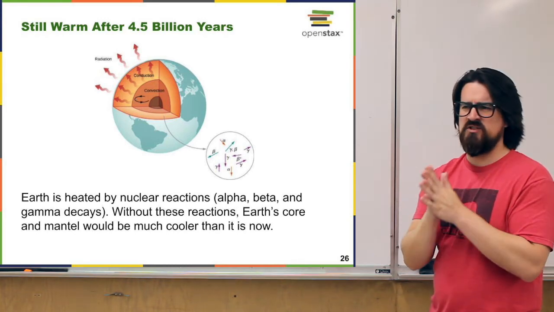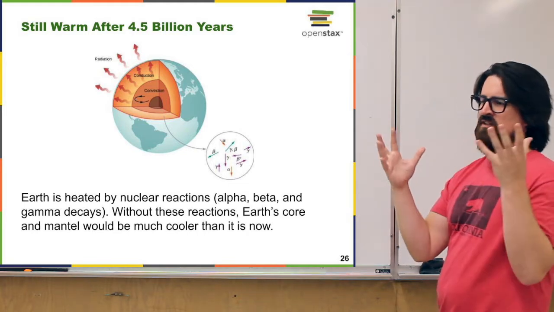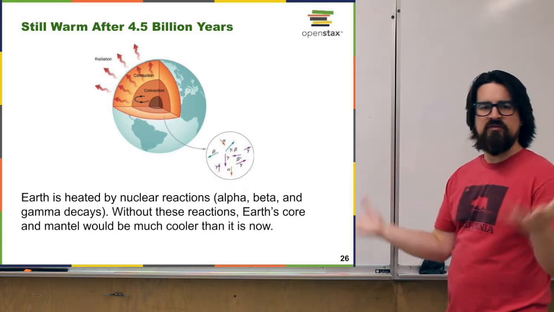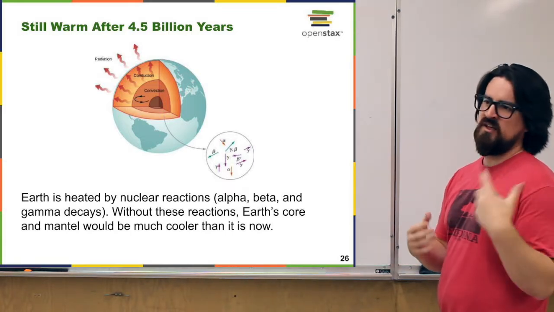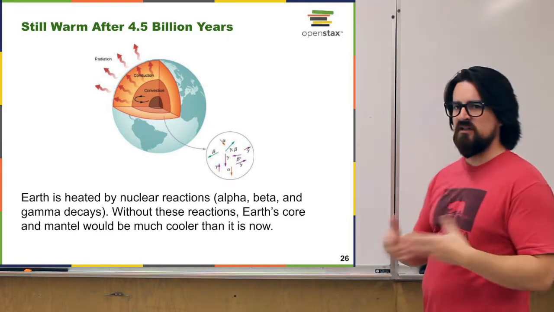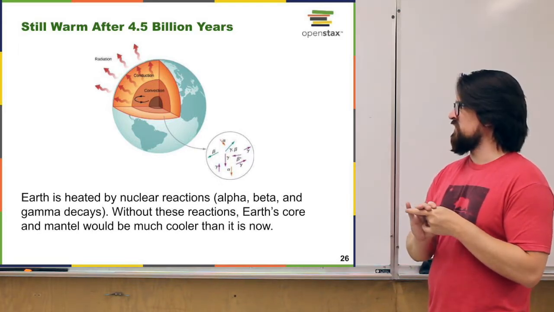I don't know if molten is even the right term for rock, but it was a very hot material when it first formed, and it's slowly cooling down. It turns out that there's radioactive material throughout the interior of the Earth, and that radioactive material is decaying, and those decays are giving off energy, and that energy is adding to the temperature of the interior of the Earth.